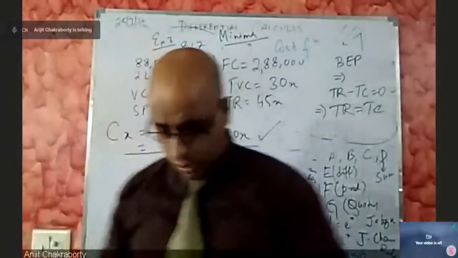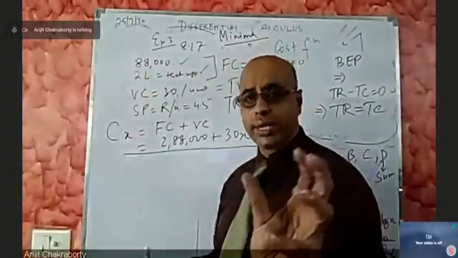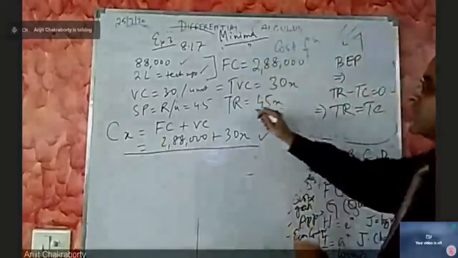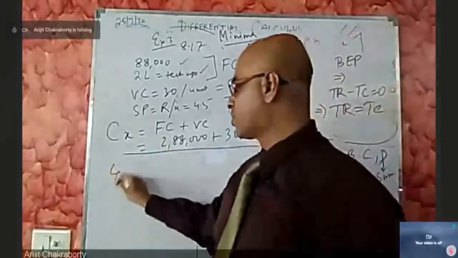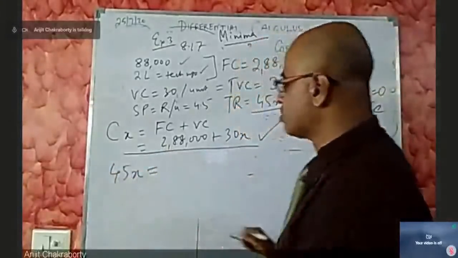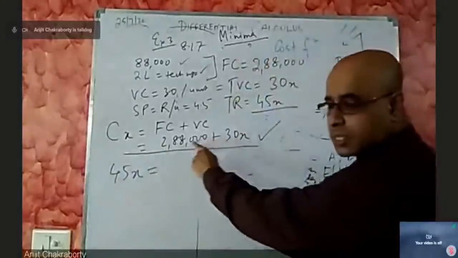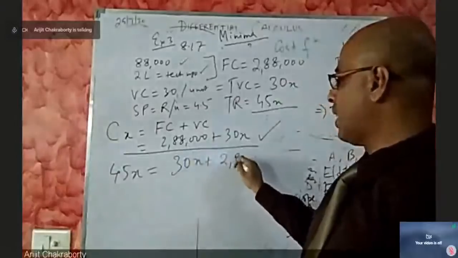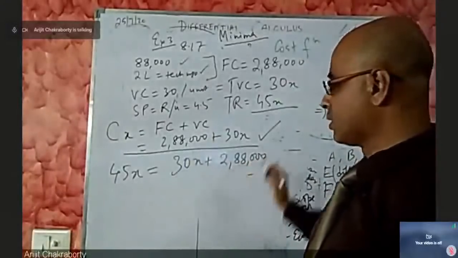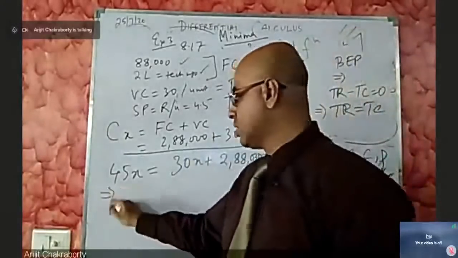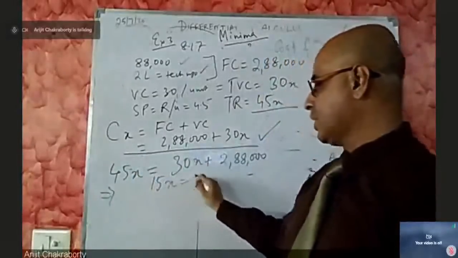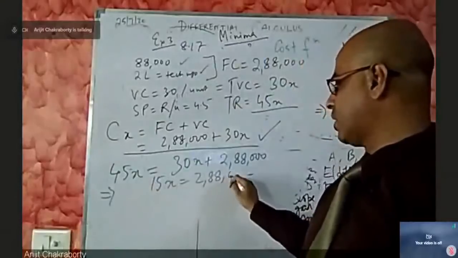Fine? Therefore, we just equate the revenue function and the cost function. Revenue is 45x. So I write 45x is equal to 30x plus 2,88,000. That means 45x minus 30x, that is 15x, is 2,88,000.